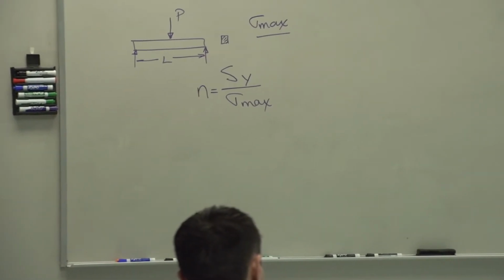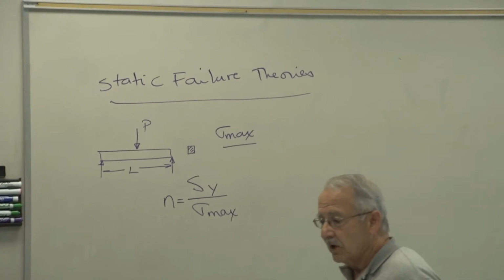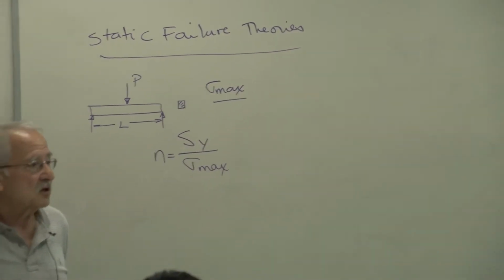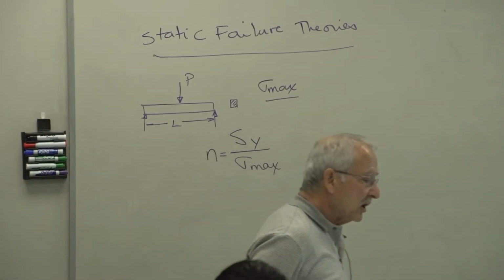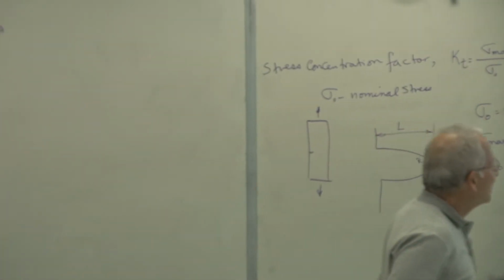So when you see an SY, that means yield strength. SUT, ultimate tensile strength. SUC, ultimate compressive strength, and so on. Then the stresses are indicated by sigmas.